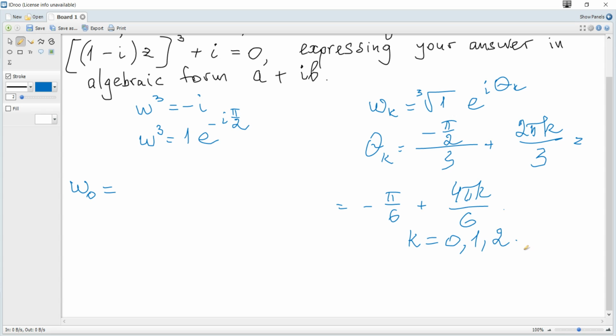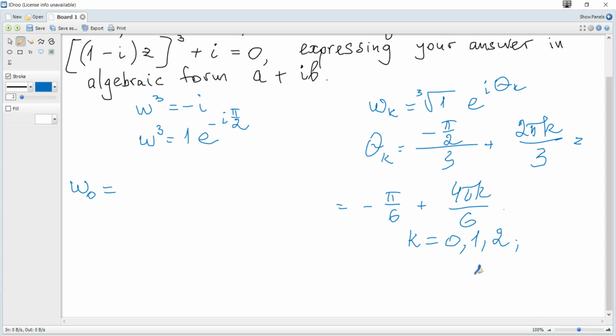If you consider k to be 3, you get the first solution, but rotated by 360 or by 2 pi. It's just one complete revolution, so it will be absolutely the same complex number. So there are 3 unique solutions. In general, if it's w to the power of n, there are n unique solutions.